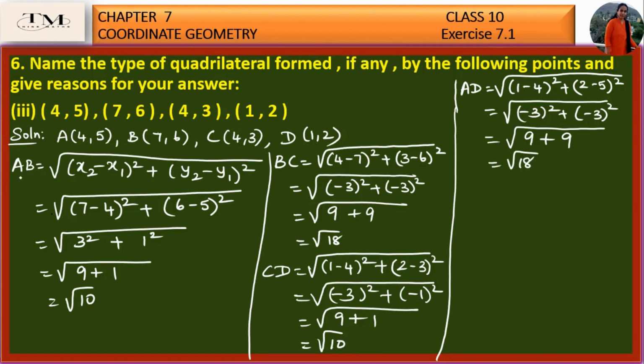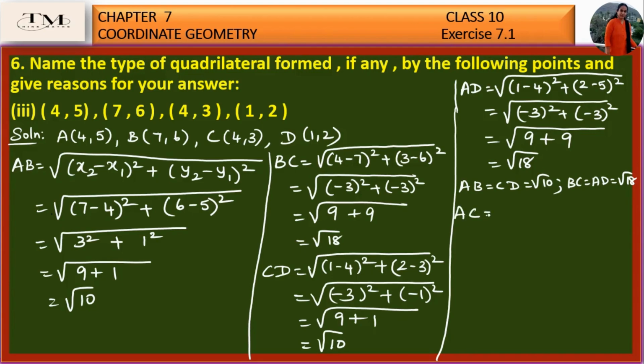So far we got AB is equal to CD, equal to root 10, and BC is equal to AD, equal to root 18. Okay, so a pair of sides are equal. Now let us check the diagonals.